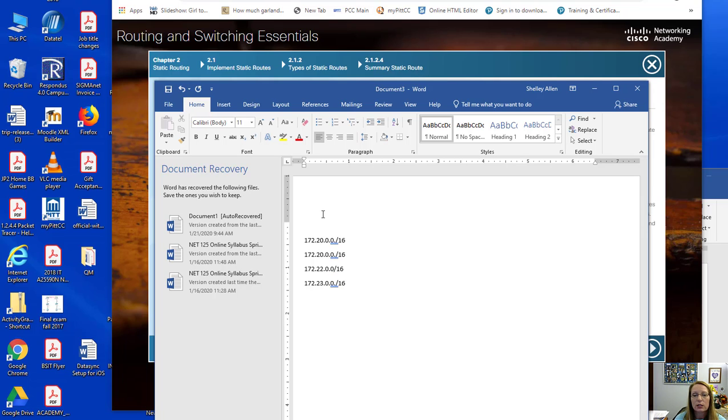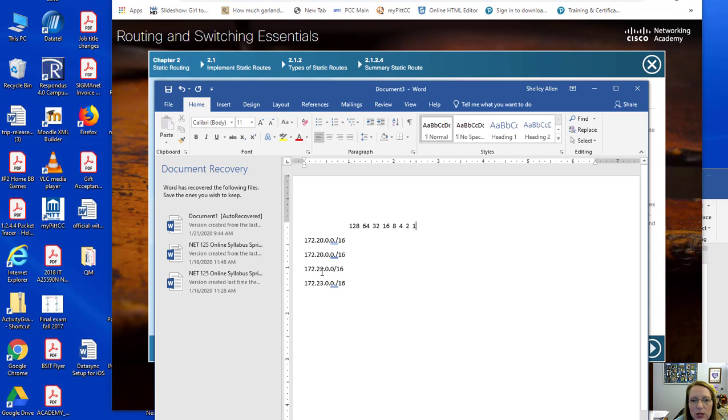So if I were to look at this, and if you remember your binary, drawing this out, you know 172, if you were to draw this out in binary, you see how they would all be the same.